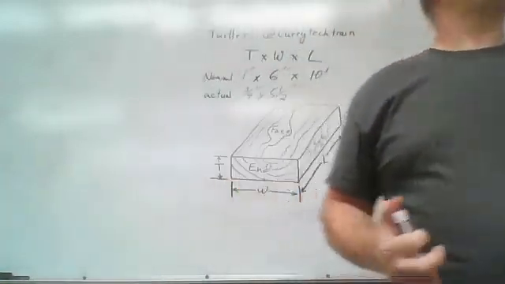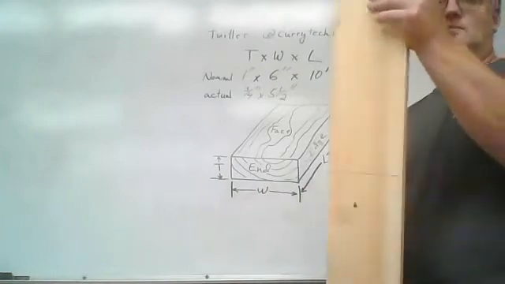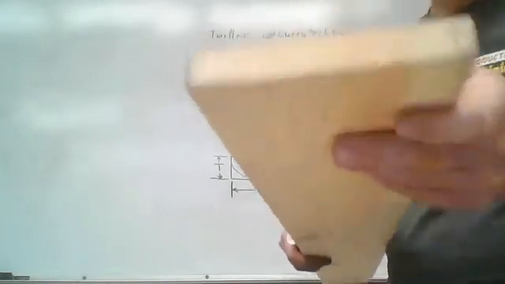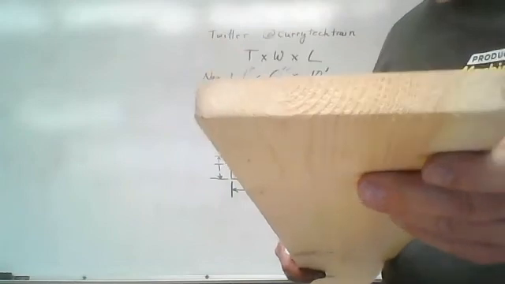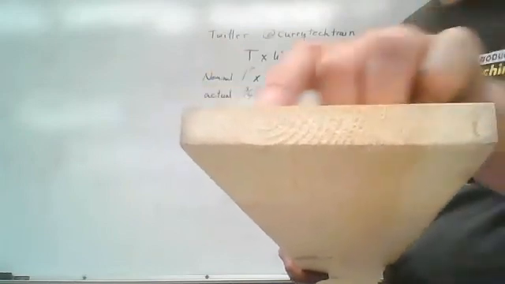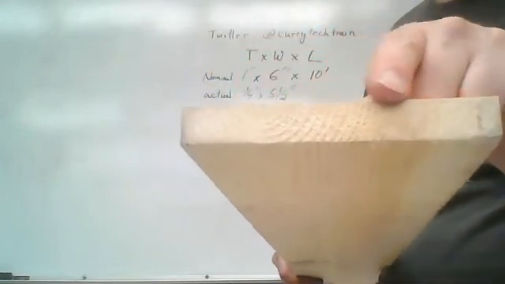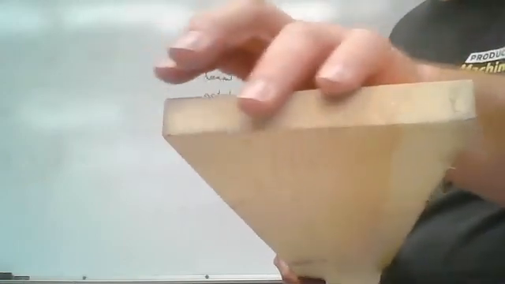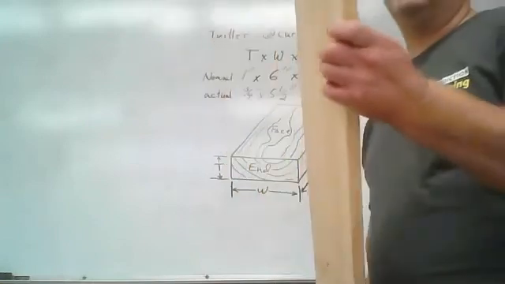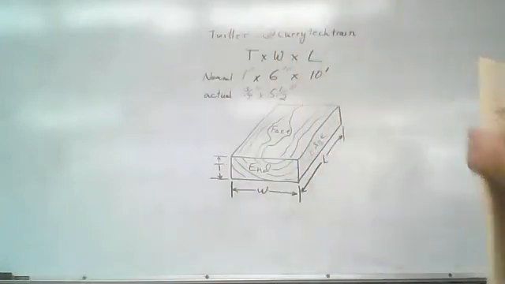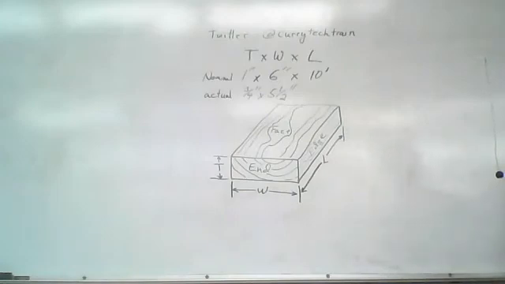I'll put this board up. I don't know whether you'll be able to see it a little bit. Yeah, you can see how that's curved a little bit on that end. And you'll notice how it's also a lot rougher. That's because of the fibers and the way the tree is. So your ends will require the most amount of sanding to really get that smooth.